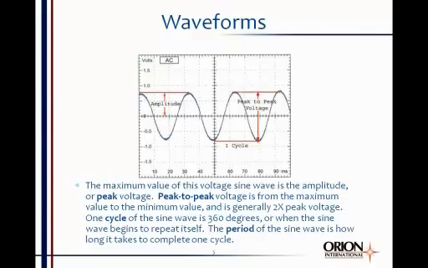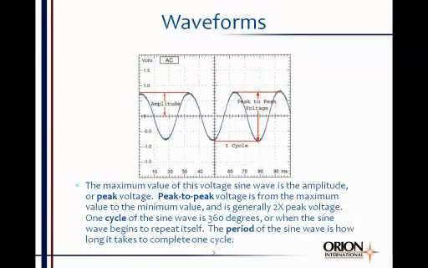There's a few characteristics of sine waves that I thought we might ought to go over. First of all, this particular waveform is a voltage sine wave. The maximum value of this voltage sine wave is called the amplitude or the peak voltage. And peak-to-peak voltage is the maximum to the minimum.